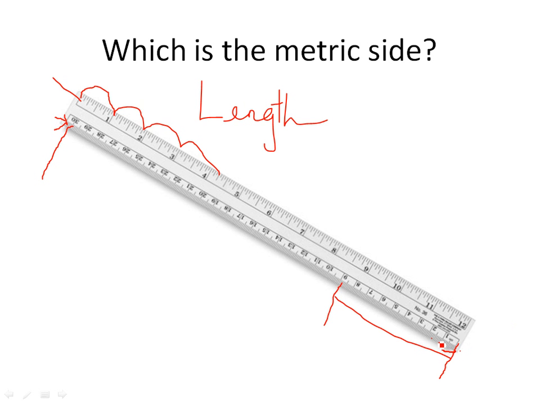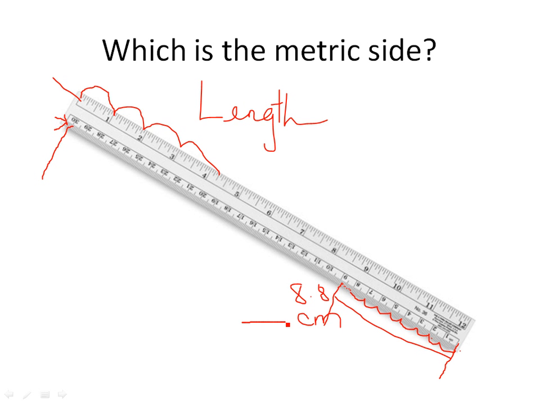We have 1, 2, 3, 4, 5, 6, 7, 8, not quite 9. 8.1, 8.2, 8.3, 8.4, 8.5, 8.6, 8.7, 8.8 centimeters. That's how long this line that I drew here is, 8.8 centimeters.